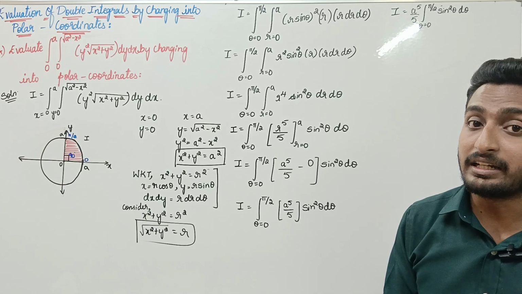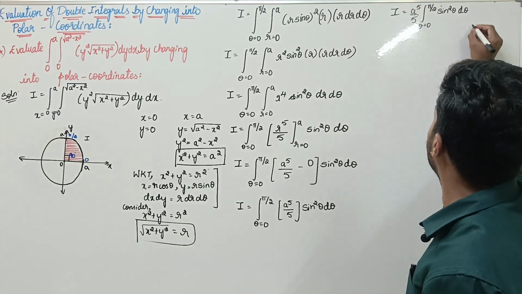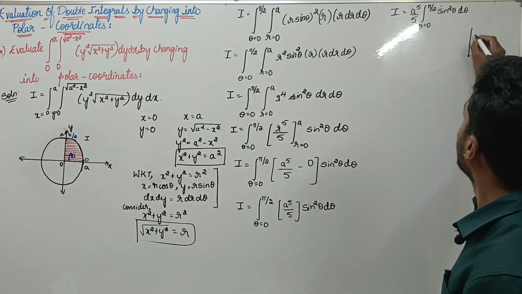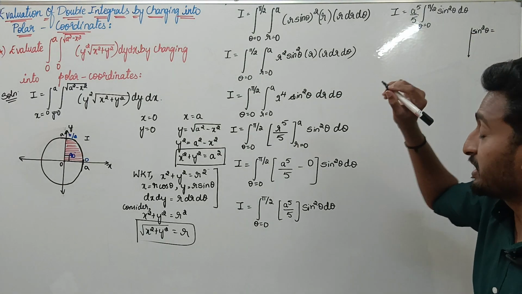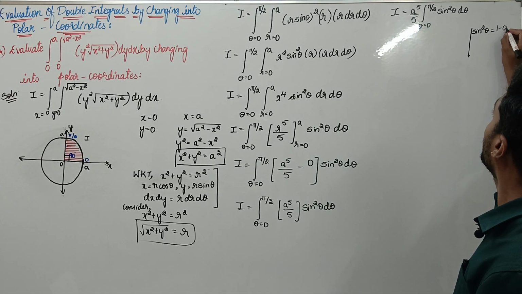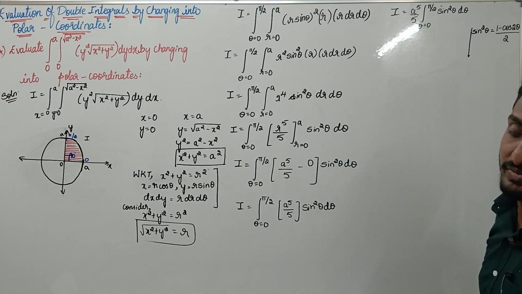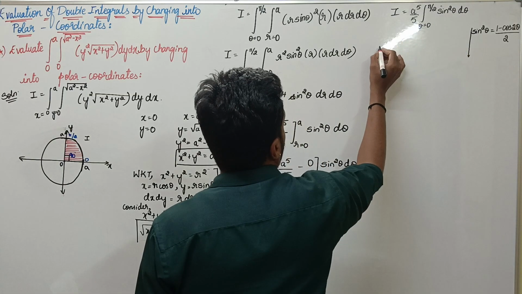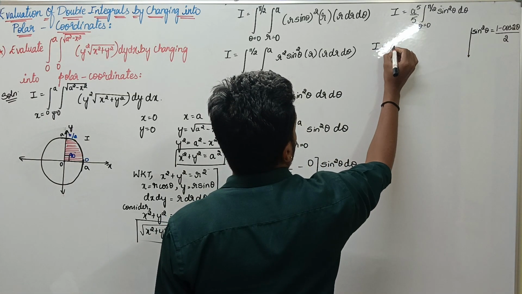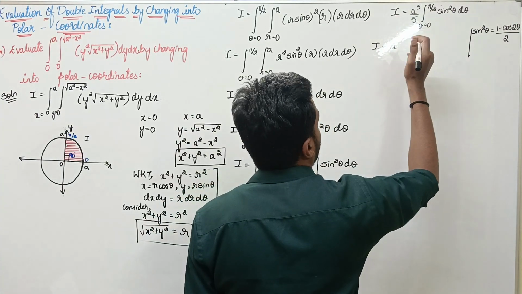Since I need to integrate sin square theta, we have the standard condition that sin square theta can be represented as 1 minus cos 2 theta divided by 2. With respect to this standard condition, we represent it like this so that it will be easy to integrate.